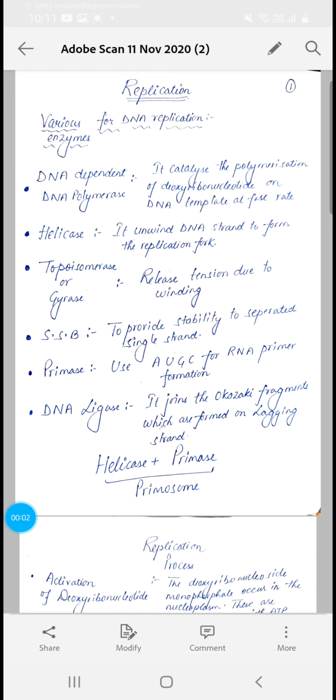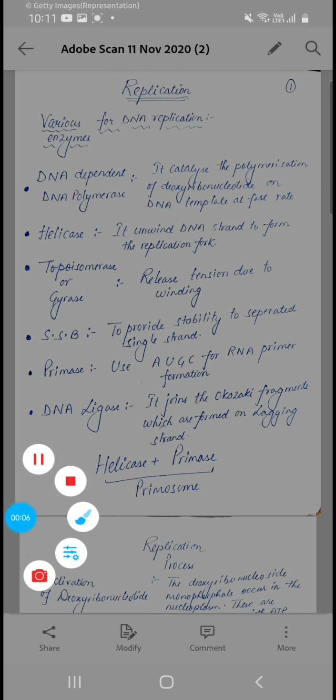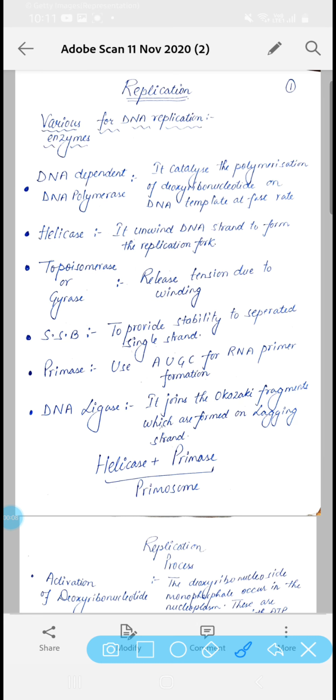Good morning, students. Today we will start with the new topic, and this topic is very important, that is replication. We have already discussed the meaning of replication. Replica means a copy. So how the DNA forms its own copy, that process is called replication.